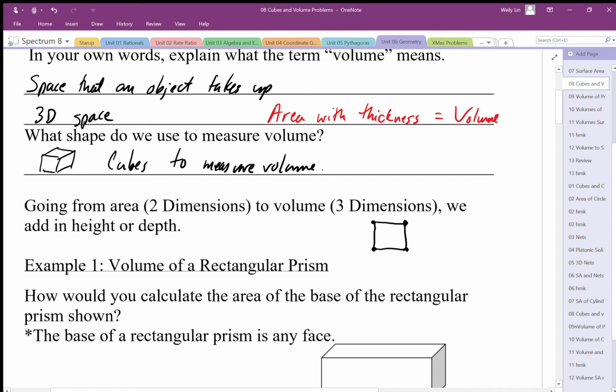If we want to go to 3 dimensions, we extend at 90 degrees and we get volume. So there's a very easy transition from 0 to 1 to 2 to 3 dimensions. In fact, we can do the same thing to 4 dimensions.